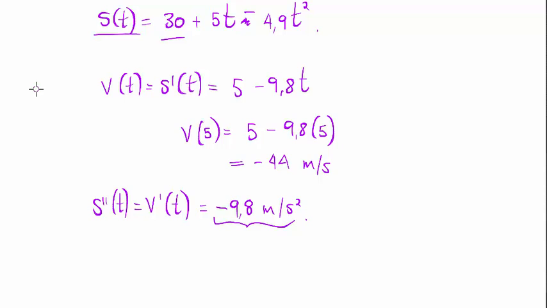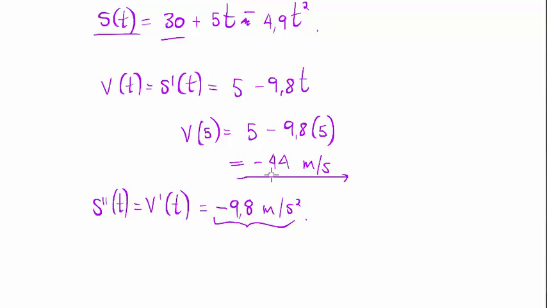Do you understand? So every second my velocity is getting less by 9.8 meters per second, because velocity is measured in meters per second. The same goes for velocity. This answer here means every second my displacement is changing by 44 meters.